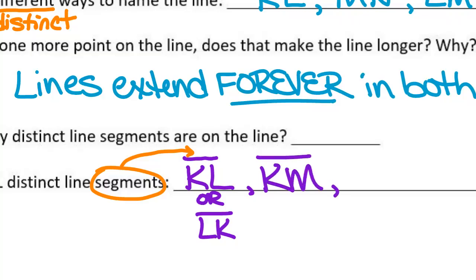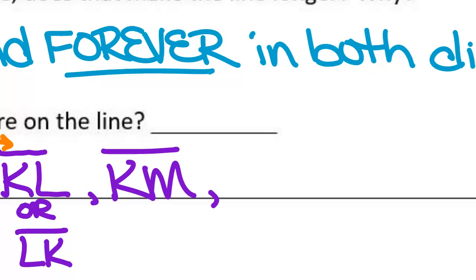Do you guys see any other line segments that would still have K as the left endpoint? KN, yes. KN. All right. I've gone all the way from the left now to the farthest point on the right.